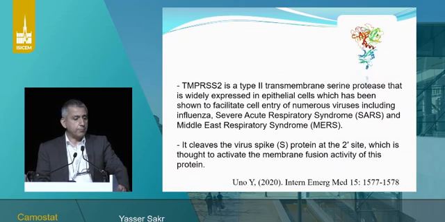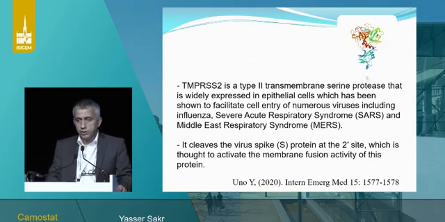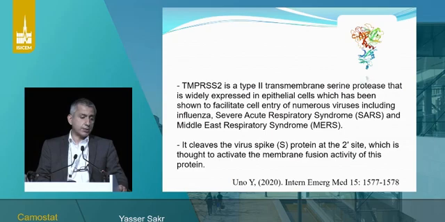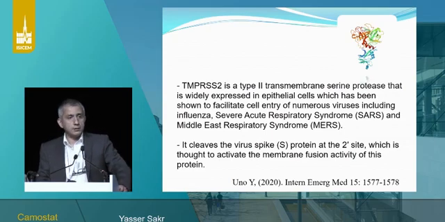Coming back to the TMPRSS receptors, TMPRSS is a family of transmembrane serine proteases that are widely expressed in epithelial cells, and has been shown to facilitate viral entry in cases of influenza viruses, SARS viruses and MERS-CoV viruses. Let me explain why the drug was available in the Middle East countries during the early months of the COVID-19 epidemic.